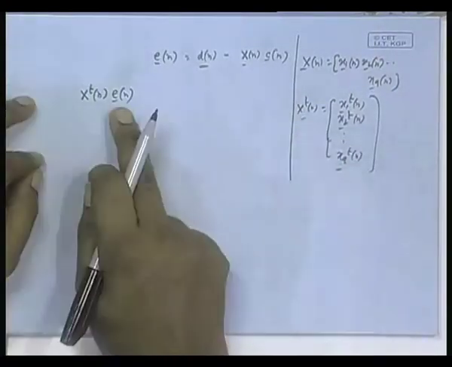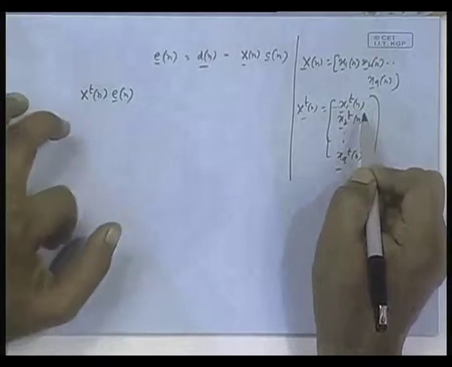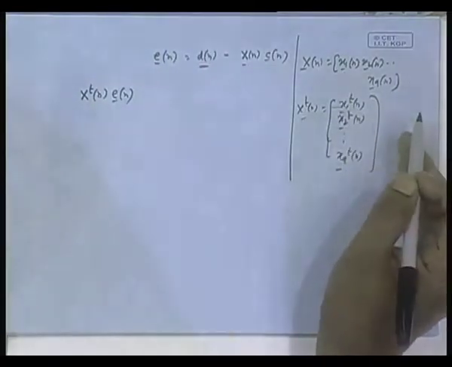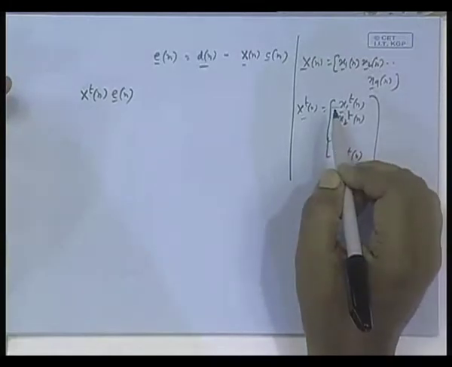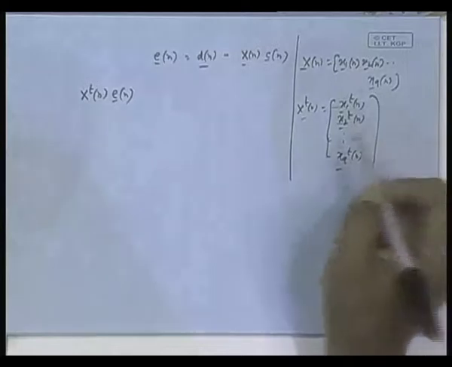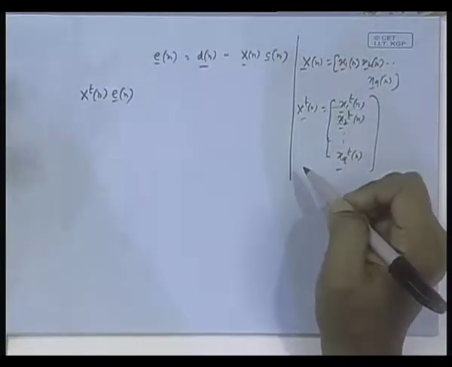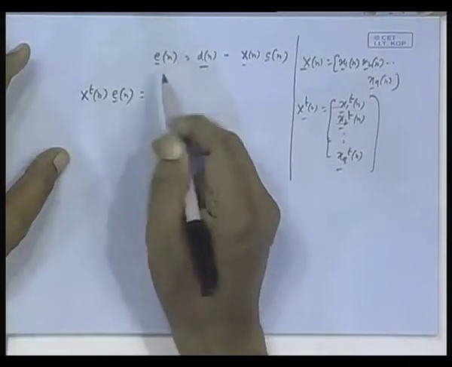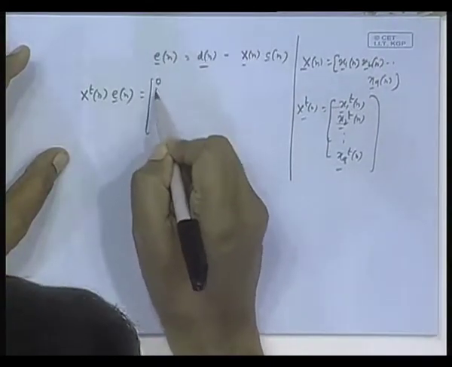So, x transpose n times En means this row times En, that is the inner product between En and x1n vector, that is 0 because En is orthogonal to x1n. Then x2 transpose n En, that also is 0 because En is orthogonal to x2n, dot dot dot, isn't it? This will become 0 0 dot dot dot 0.